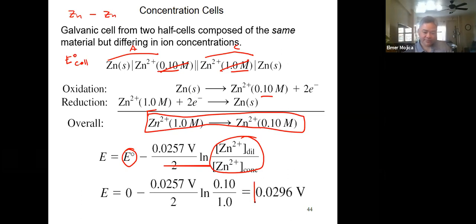Okay? So you might ask, is that possible? The answer is yes, and they're doing it: constructing a battery that is made up of the same material but different concentration.